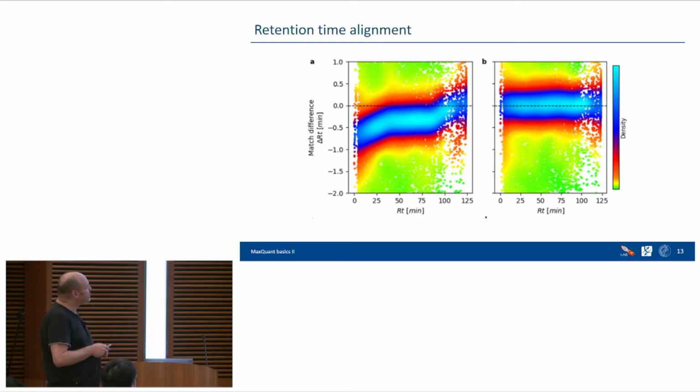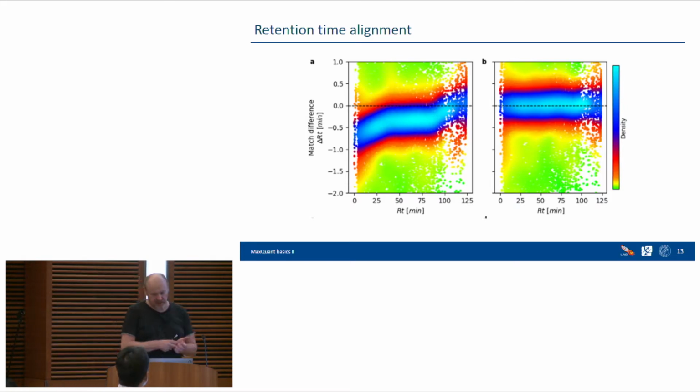The retention times are based on the time difference that you get by matching with large windows between two runs. You can then also estimate from there some kind of calibration function by following the high density region here. And then you see after we apply retention time alignment, everything is nicely centered around 0. So nothing changed here, we did that before as well.